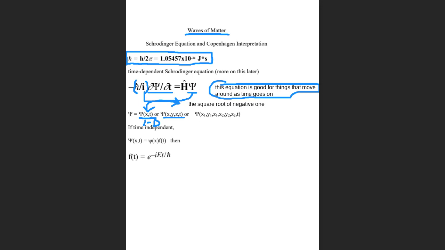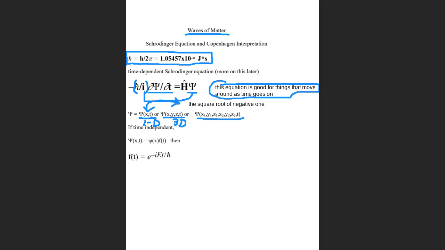A 3D object, like an electron in space, would have coordinates x, y, z, and t. Or if you have two electrons, for example, or an electron and nucleus, you would have x1, y1, and z1 for wherever the first thing is, and x2, y2, and z2 for wherever the second thing is, and then t for the time variable.